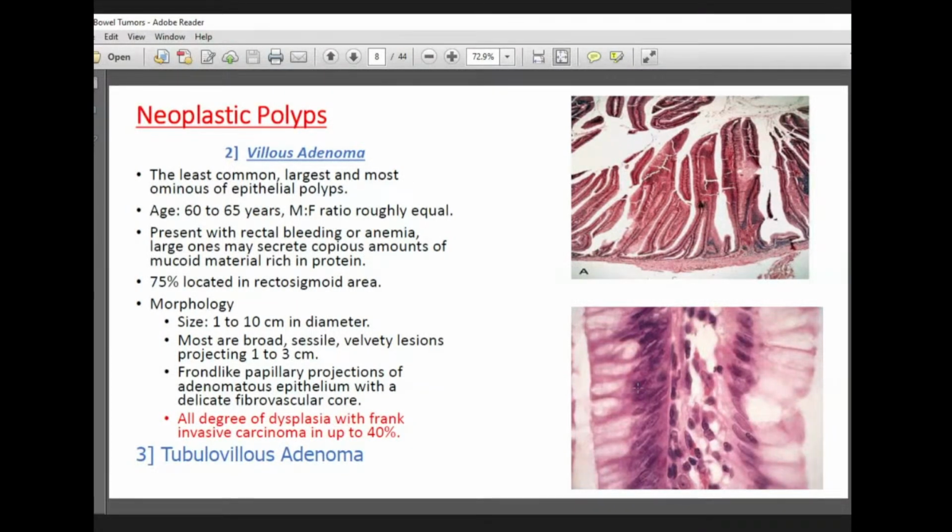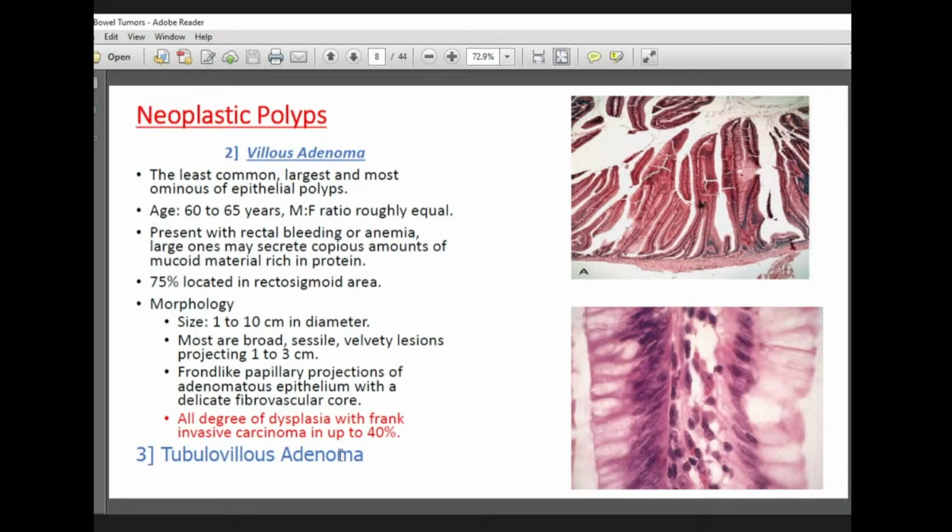On microscopy you see aggregates of villous architecture, or hyperplasia of the villi with dysplastic cells. You have all degrees of dysplasia, and when you see a villous adenoma, you have to carefully look for invasion, because invasion can be seen in up to 40% of the cases.